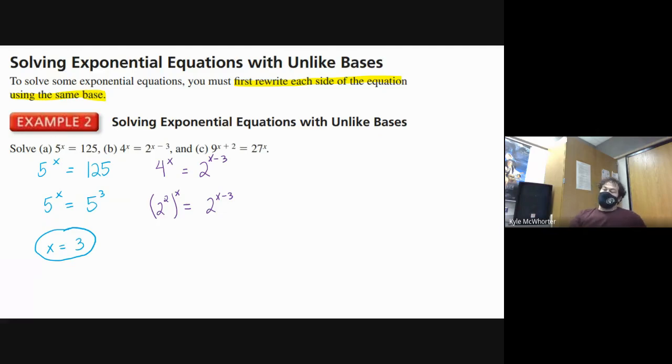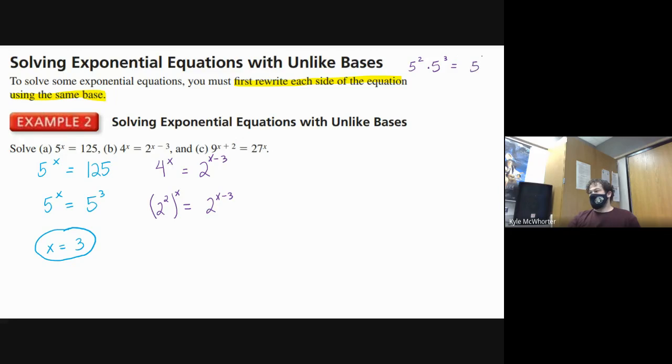And then I need to remember my exponent rules, right? I have a power to a power right here. So what do I do with these exponents? Power raised to a power, we're going to multiply the exponents. If it was like 5 squared times 5 to the third, you would add those exponents.